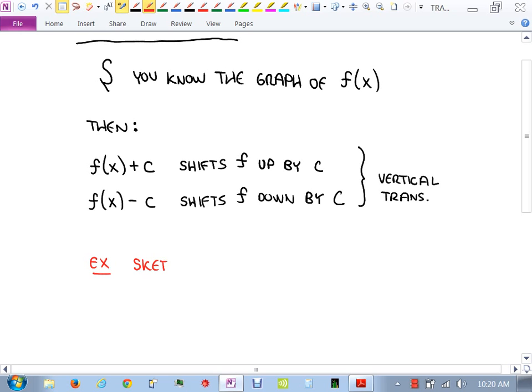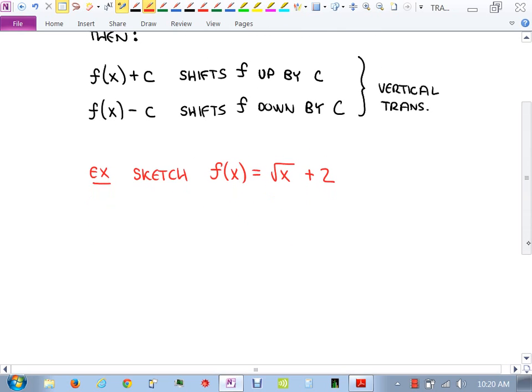Sketch the function f of x equals square root of x plus 2. Now, when you look at this, don't be distracted by the fact that this function's called f, and earlier I said, let's act like you know what f looks like. What I want you to do is focus on what is in here. What is the function defined to be?